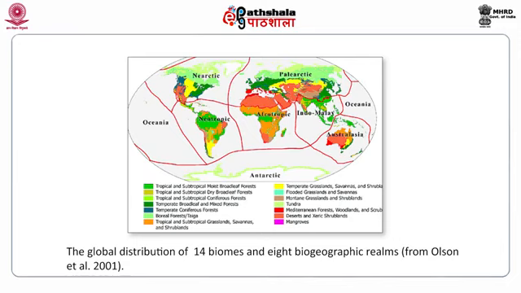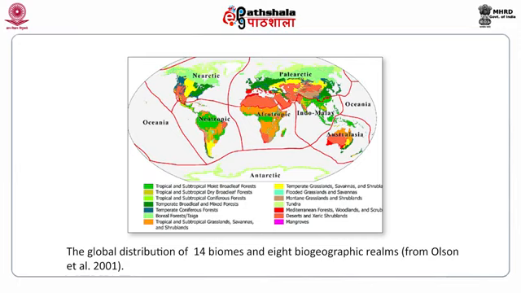This diagram shows the global distribution of 14 biomes and 8 biogeographical realms. Some of the biomes in this diagram are tropical, subtropical, moist broadleaf forests, temperate broadleaf and mixed forests, boreal forests, temperate grasslands, mountain grasslands and Mediterranean forest.